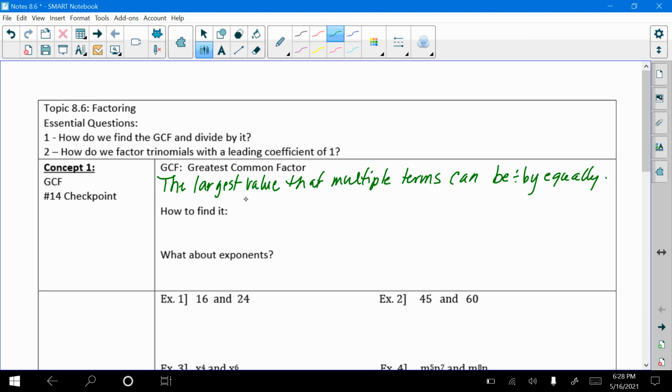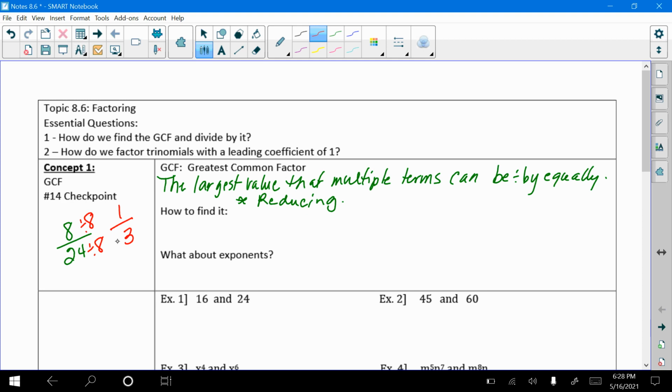So in essence, we're reducing them. If I had 8 over 24, the greatest common factor between 8 and 24 would be 8, because I could divide this by 8 and get 1, divide this by 8 and get 3. So I could reduce to 1/3.